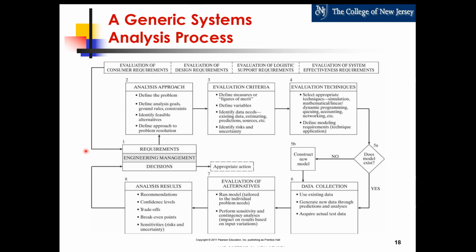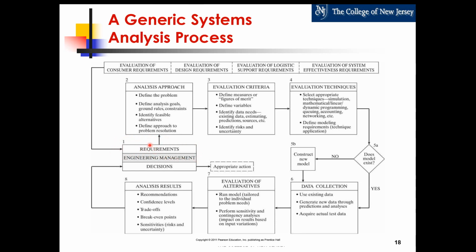So what would a generic system analysis process look like from the modeling perspective? The most important thing is to recognize that we start with the requirements. It's very important to have good requirements because that informs everything downstream. And we have discussed a number of different specifications for these requirements.